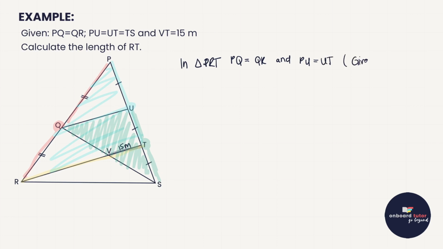So that was given to us. So therefore, we can say two things. QU is equal to half the length of RT. Ooh, midpoint theorem there. And we can say that QU is parallel to RT, also because of the midpoint theorem.